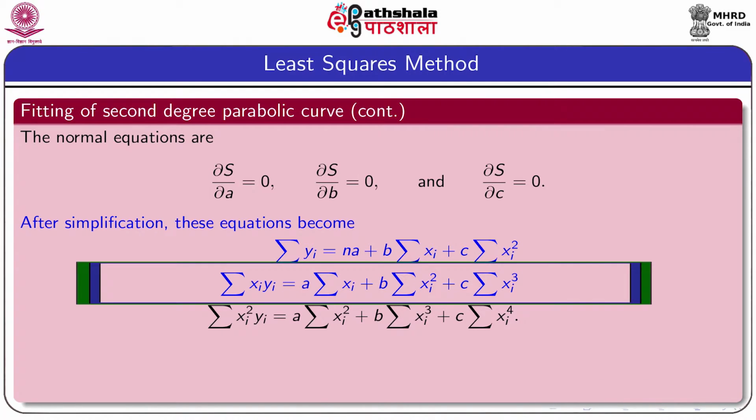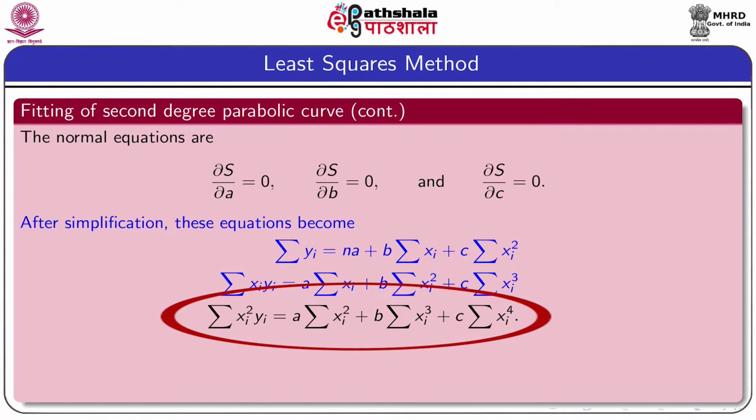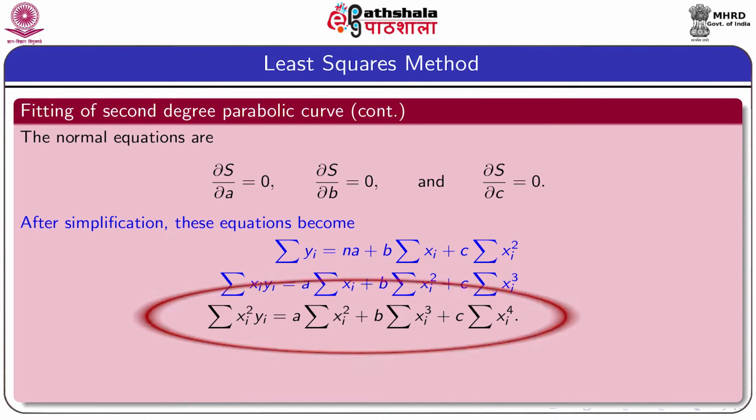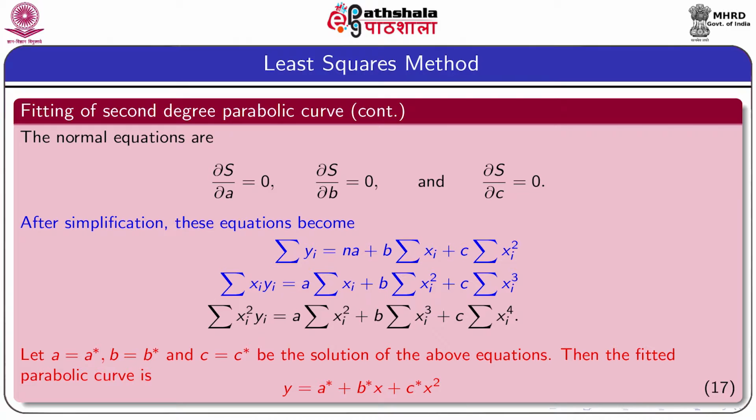Second equation is Σxi yi = a Σxi + b Σxi² + c Σxi³, and the third equation is Σxi² yi = a Σxi² + b Σxi³ + c Σxi⁴. Let a = a*, b = b* and c = c* be the solution of the above equations. Then the fitted parabolic curve is y = a* + b* x + c* x².